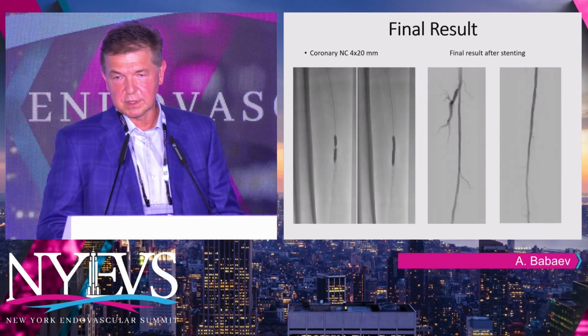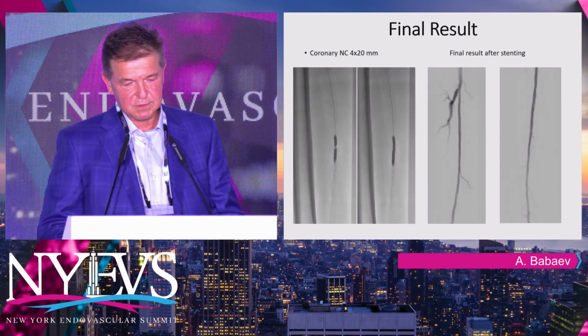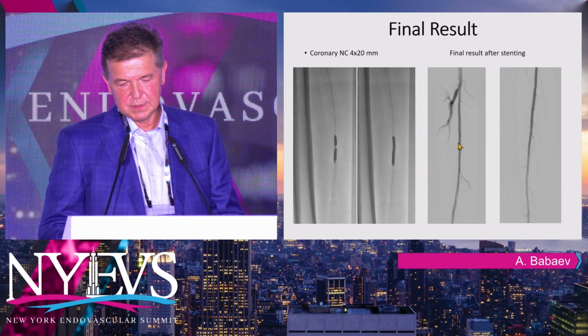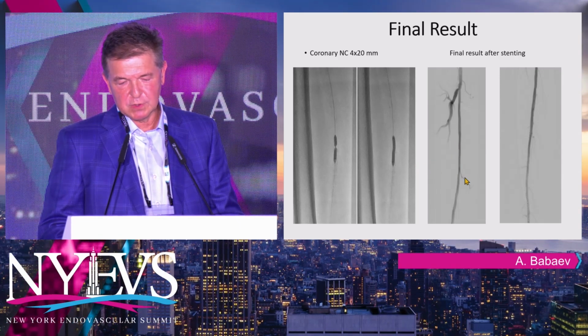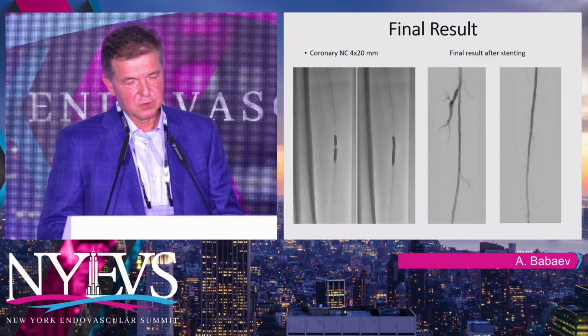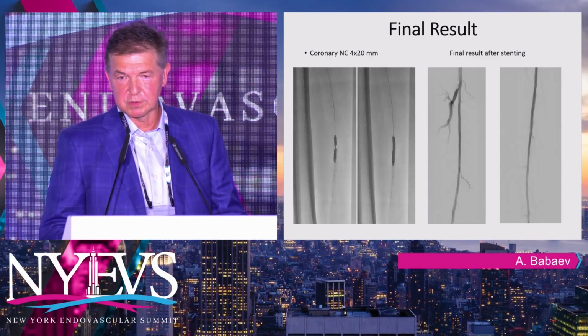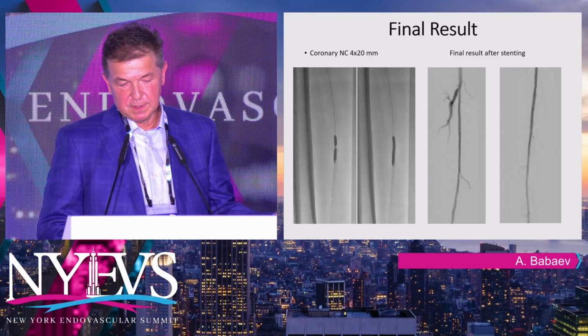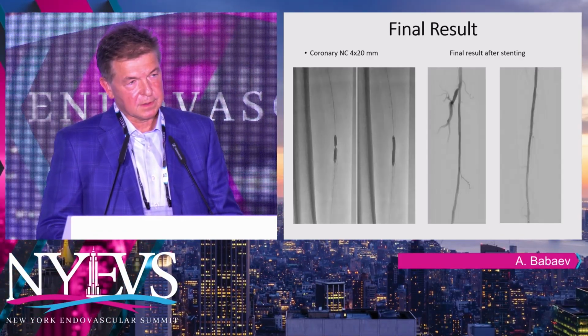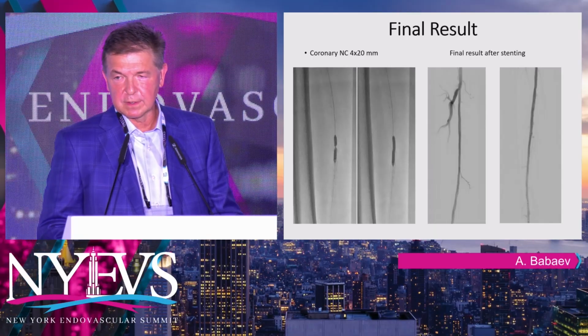And it actually did work. At 26 atmospheres, this balloon went up. Eventually, we did balloon angioplasty of the whole lesion and implanted drug-eluting stents there with a pretty good result. So sometimes if the lesion doesn't even look horribly calcified, it can be quite challenging.